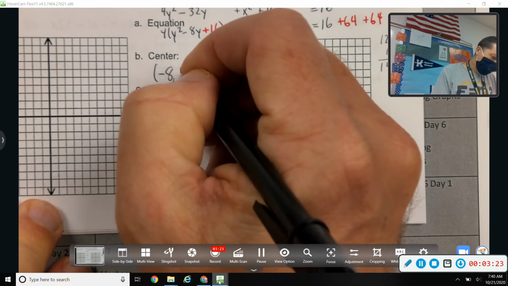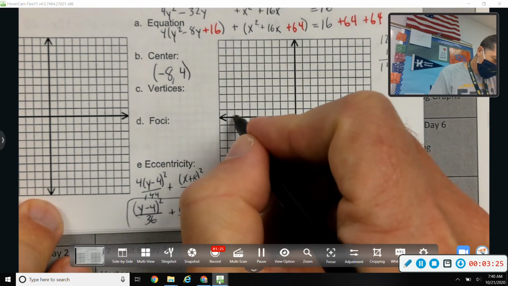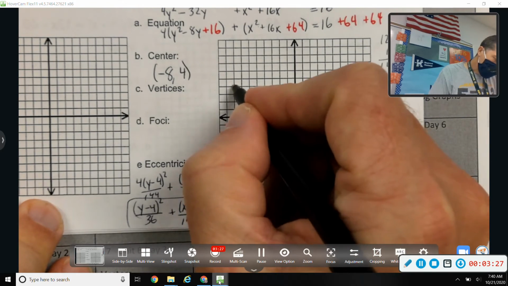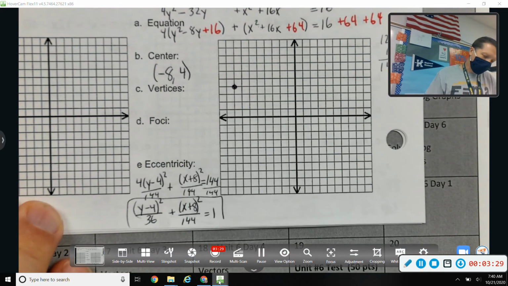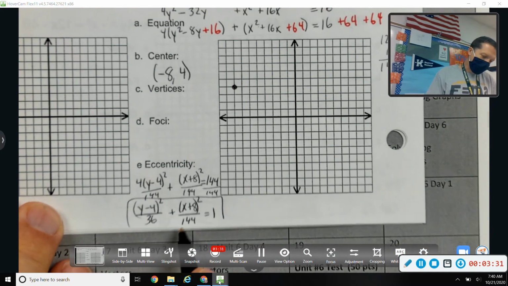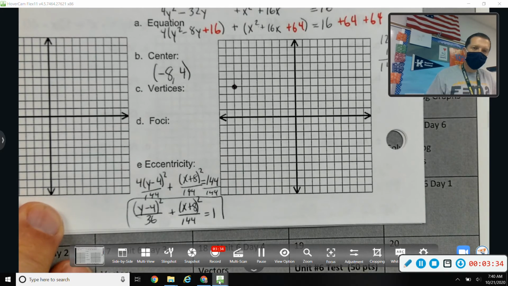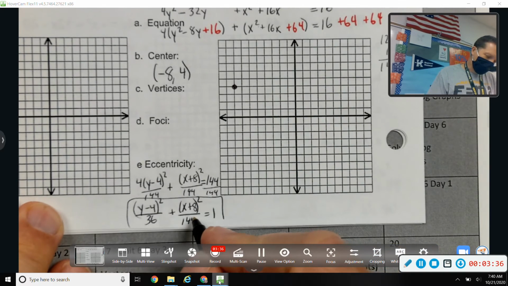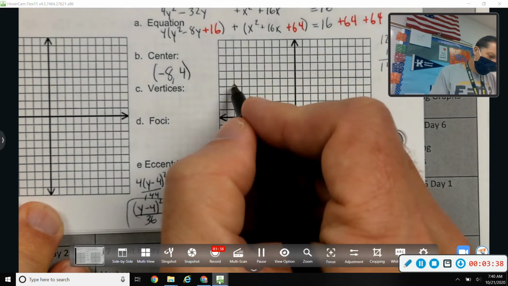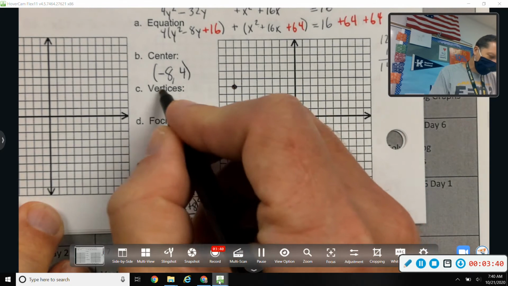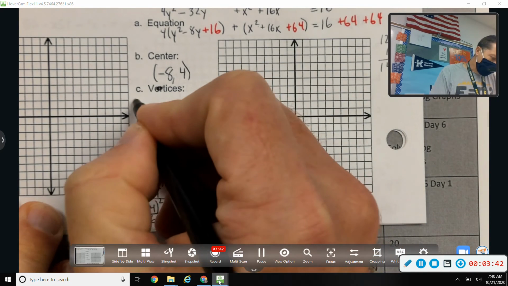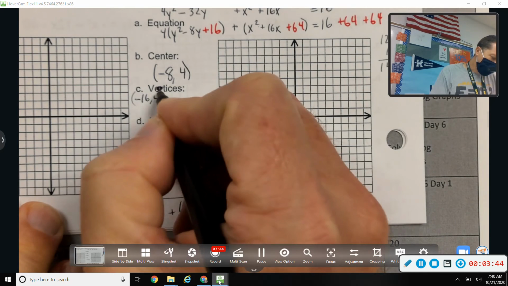So my center's at negative 8, 4. This one's probably going to go off the graph a little bit, or a lot actually. That's okay. So I need to go left 8. From negative 8, if I go left 8, that puts me at negative 16, 4.